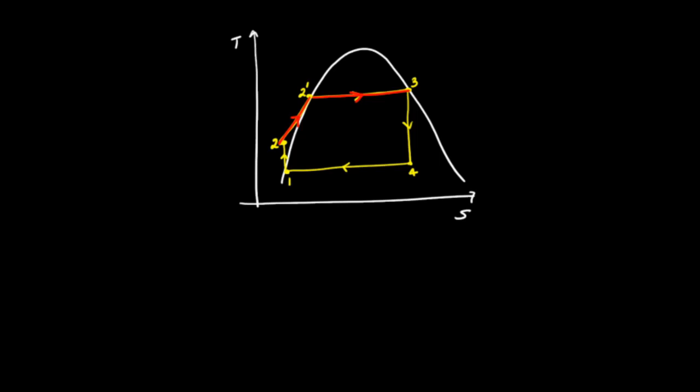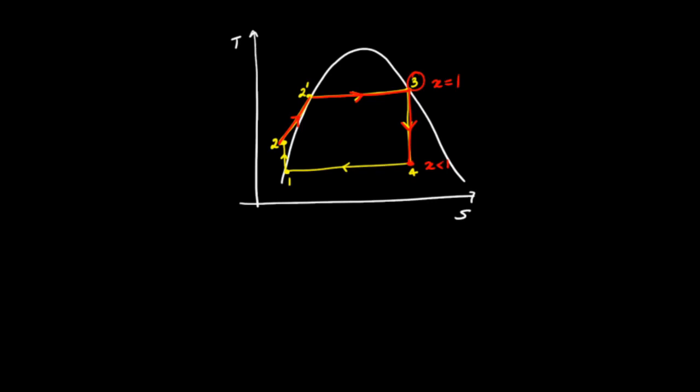One practical issue with the Rankine cycle that is shown over here is that the steam that is exiting the turbine, that is from state 3 to state 4, we have an expansion process such as in a turbine, and the steam that exits the turbine at state 4 has a moisture content. So at state 3, the quality of steam is 1, but here the quality is less than 1. That means there is some moisture in this steam.